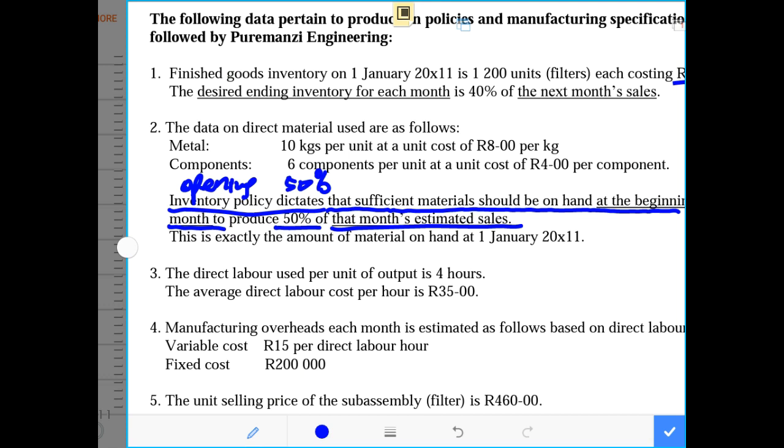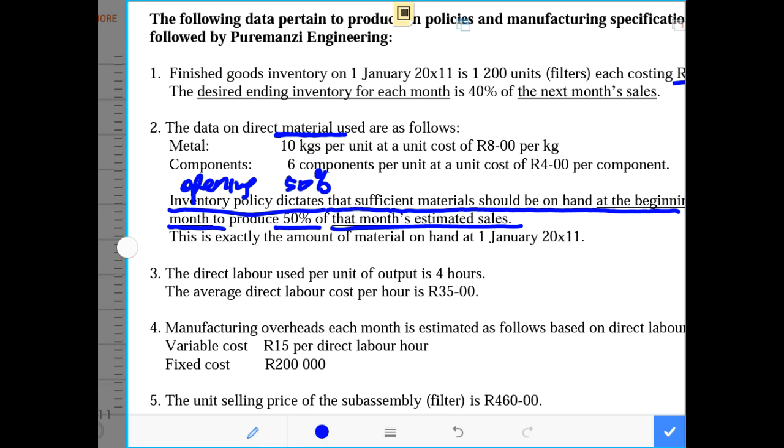Remember, when we say opening inventory, we are referring to inventory in terms of the material, and the inventory of material should be able to cover 50% of the estimated sales for that month.